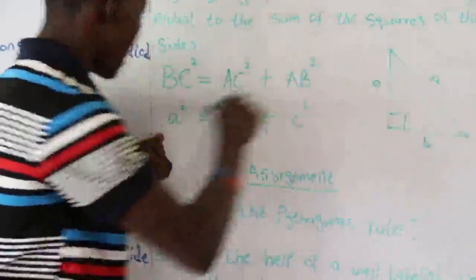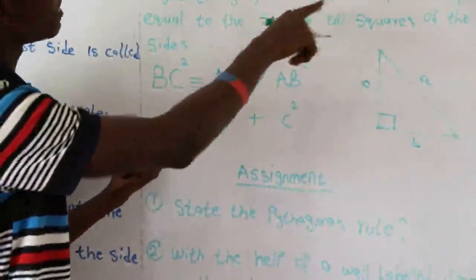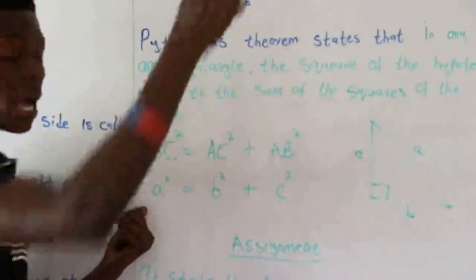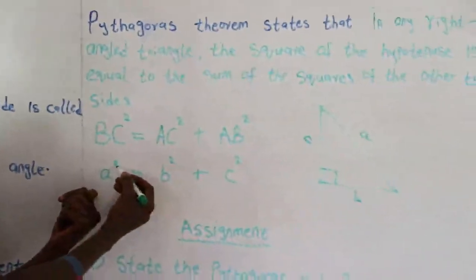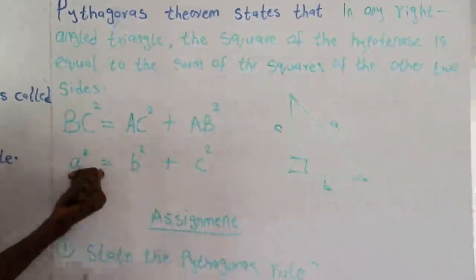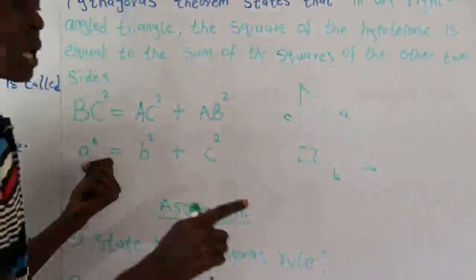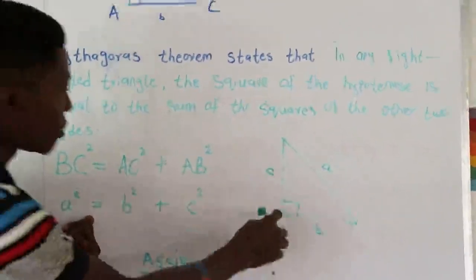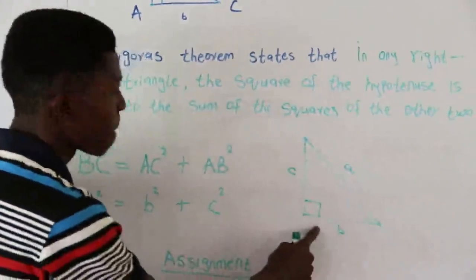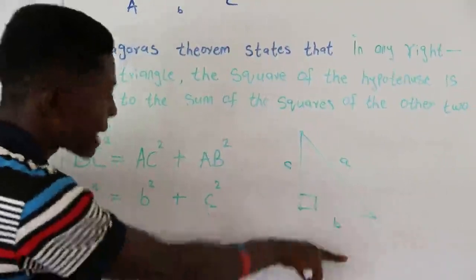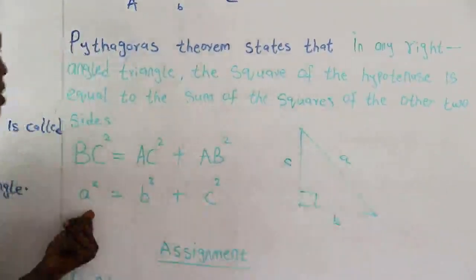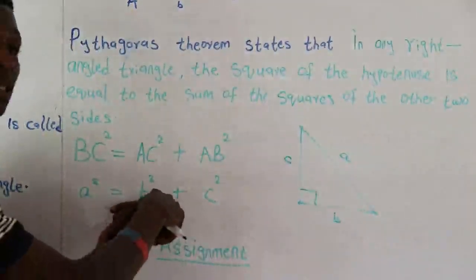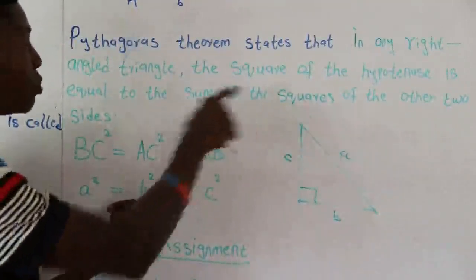Hypotenuse side, which is A. Remember the theorem said that the square of the hypotenuse, that is why you are having this square here, is equal to the sum of the squares of the two remaining sides of the right angle triangle. Let's pick one of the sides. Let's start here. This is one of the sides, and the side of it is what? It is B. So that is why we are having the B here. Remember, you put your square.